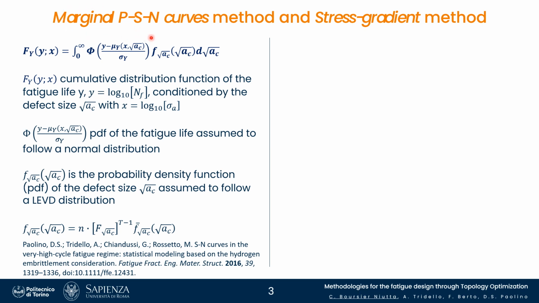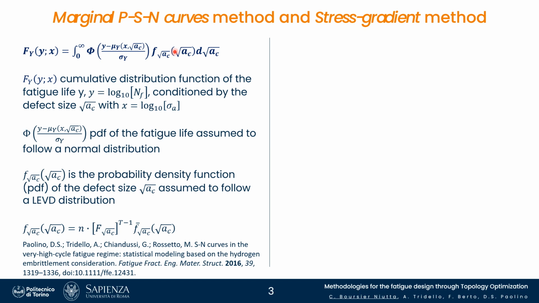The first method is the marginal probabilistic SN curve method, which describes the cumulative distribution function of the fatigue life, and this cumulative distribution function is conditioned by the defect size, which is assumed to follow a largest extreme value distribution. So according to this method, we know the defect size according to the largest extreme value distribution.